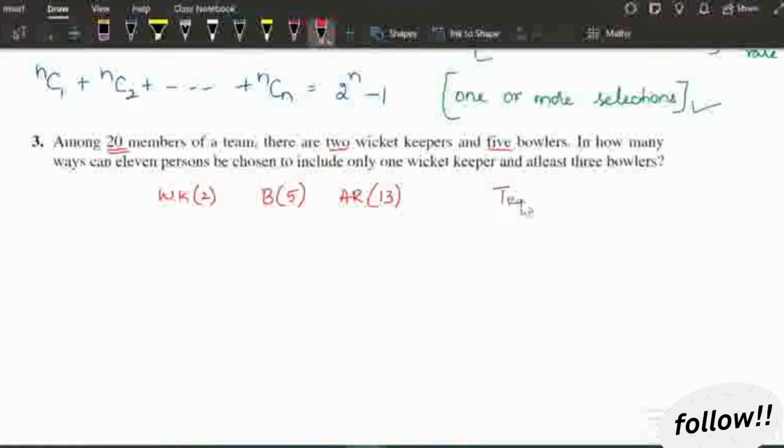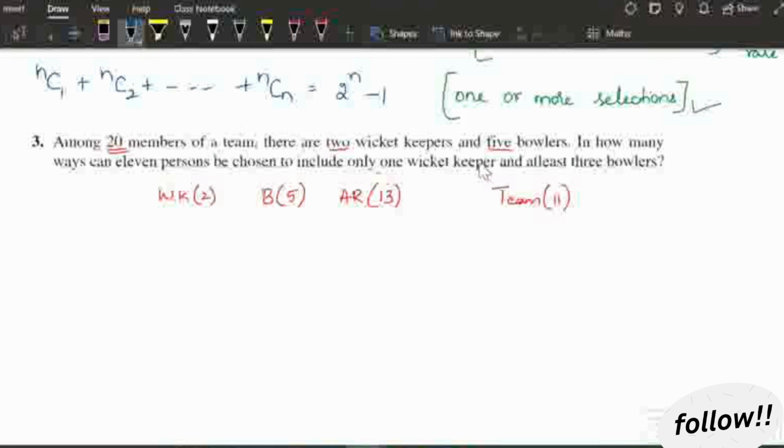So you need to choose a team of 11 people such that it should include only 1 wicket keeper and at least 3 bowlers. Okay, understand the question. Now, this is the team categorization. These are the 3 groups, and I need a team of 11 members.